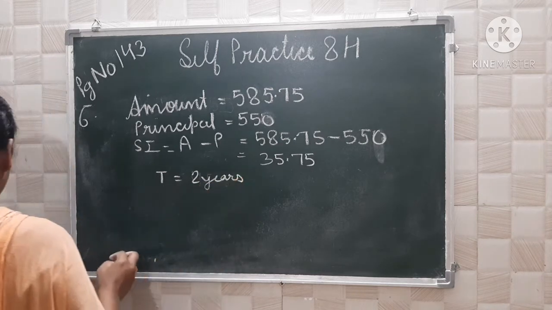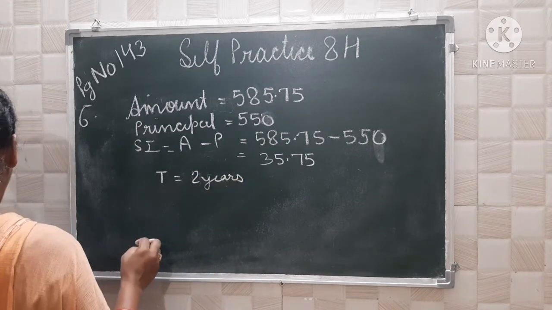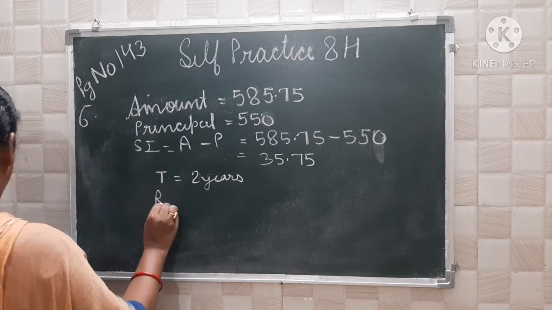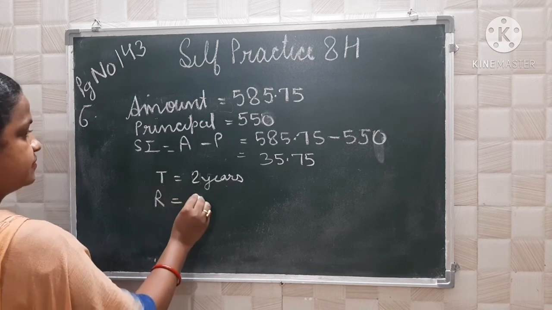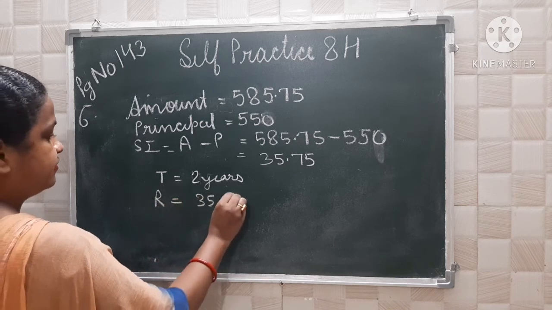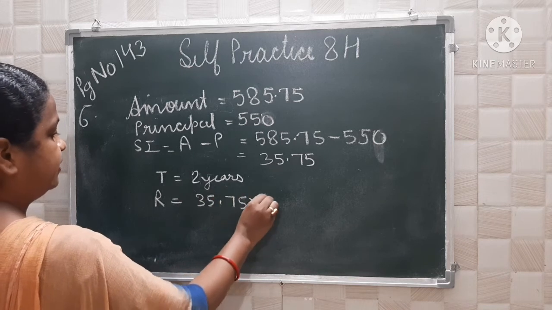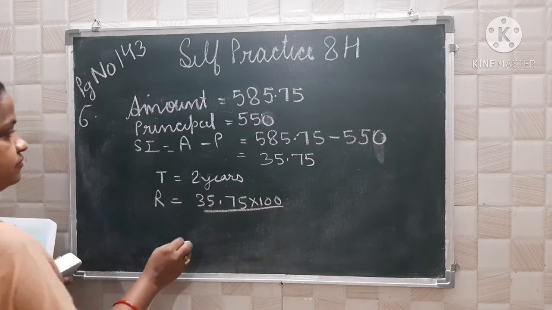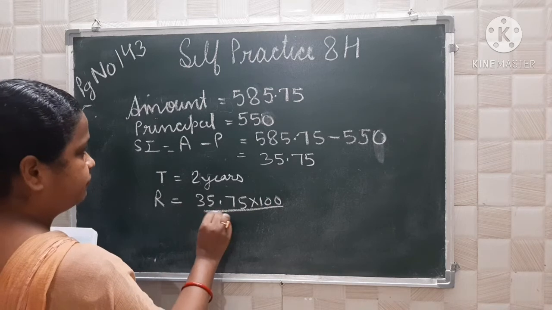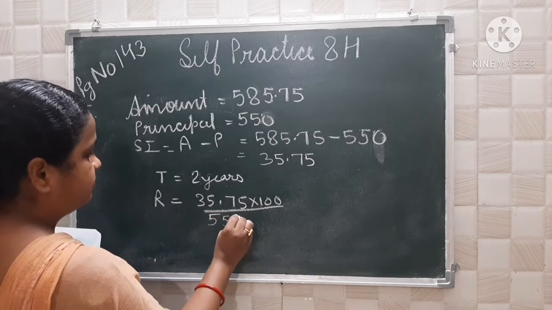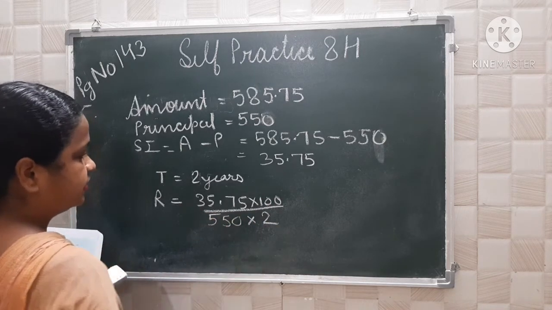So here time is given as 2 years. So what do you have to find? Rate. The rate is interest into 100 upon P, 550 into 2. Okay.